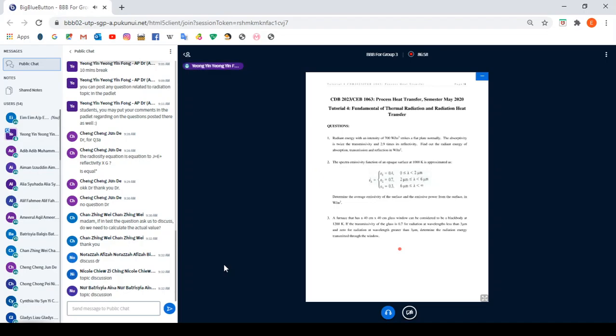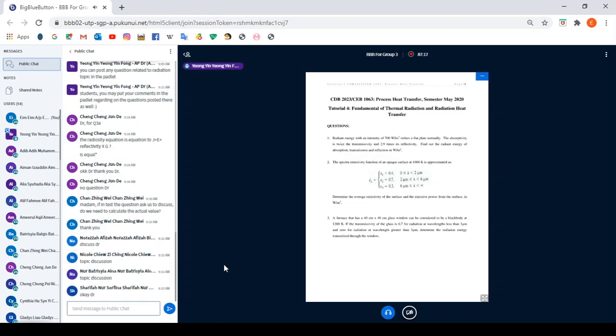You can post it in the Padlet just now, the final questions Padlet. Percentage error, is it? You want to discuss this one?